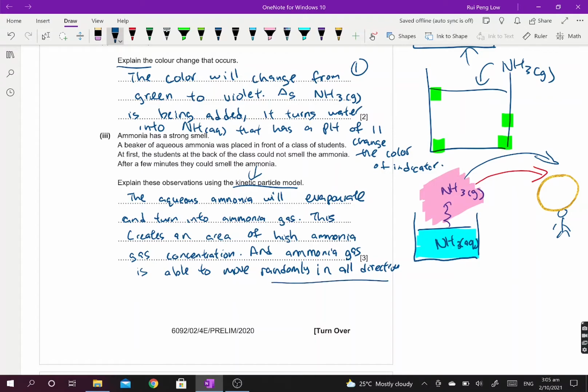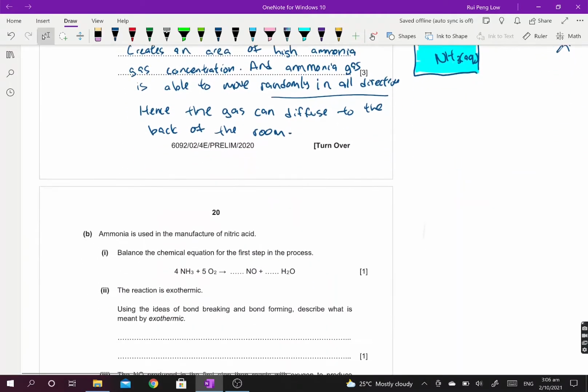Okay, it's because it can go in all directions, and of course, one of the direction will be going back to the class, and hence, the gas can diffuse to the back of the room. Okay? Yeah. So that's how we get 3 marks.